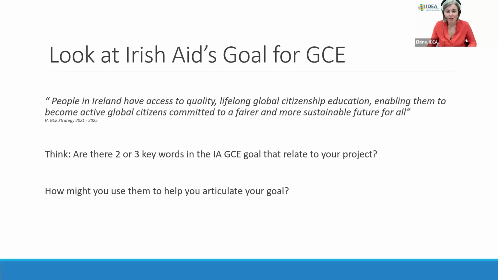I remember people sometimes focus on the words lifelong education, depending on the target group that you're working with, or that you're committed to a better future, so a fairer and more sustainable future for people, and maybe it could be around increasing access to global citizenship education for different groups of learners through your project. So just take 2 or 3 keywords from that goal and see how they might help you to articulate the goal for your project in particular.